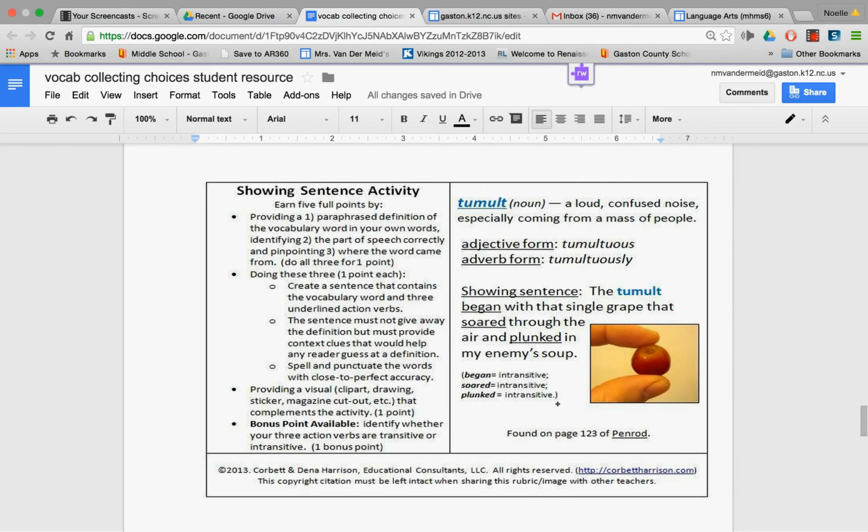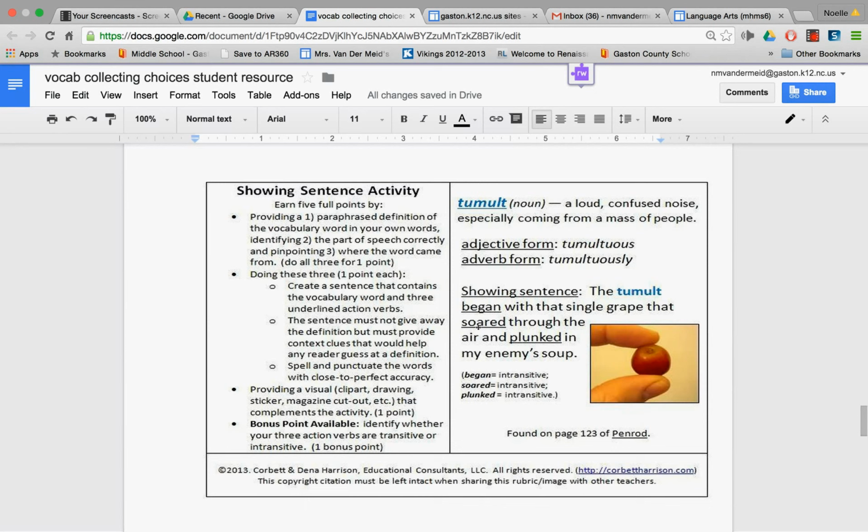So our word here is tumult, and tumult means a loud and confused noise from a mass of people. So look at our showing sentence. The tumult began with that single grape that soared through the air and plunked in my enemy's soup. Now we could just imagine the loud and confused noise coming out of a large mass of people in a cafeteria or a restaurant when that happened.